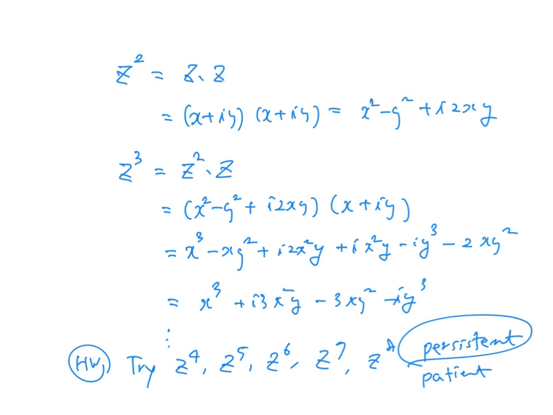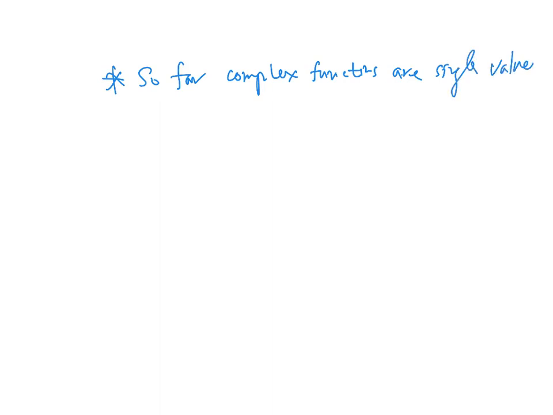So far, single valued. That means one Z, you have one output Z. Single valued.